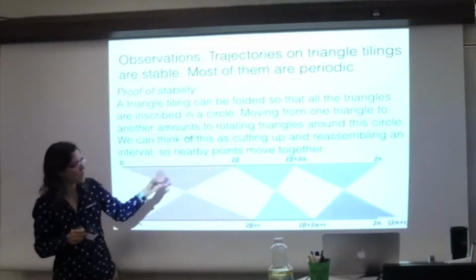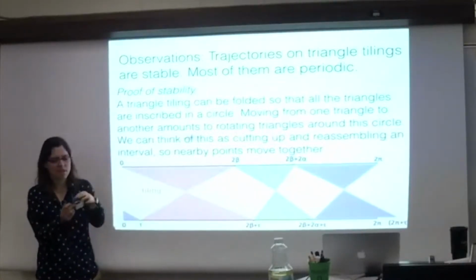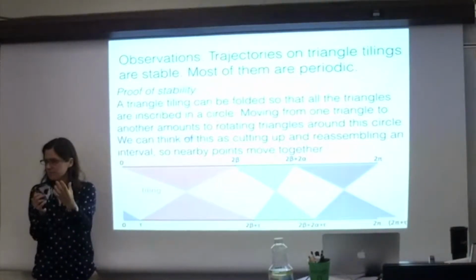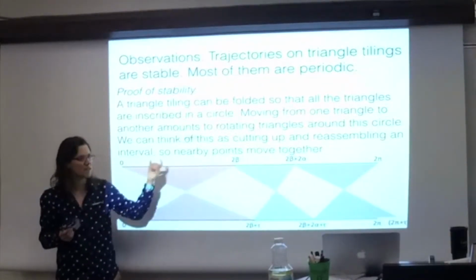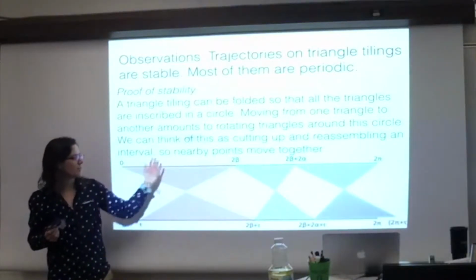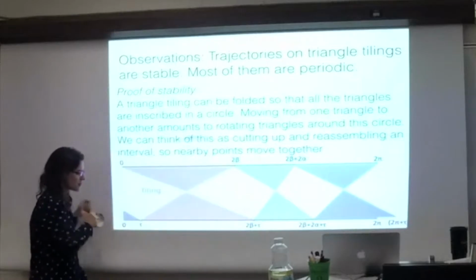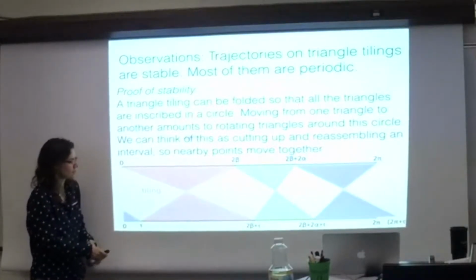The way you should do it is, if the angles of your triangle are alpha, beta, and gamma, you cut up 0 to 2 pi into 2 alpha, 2 beta, and 2 gamma. Then you take each interval, you flip it in place, and then you shift the whole thing over. So that's the idea.